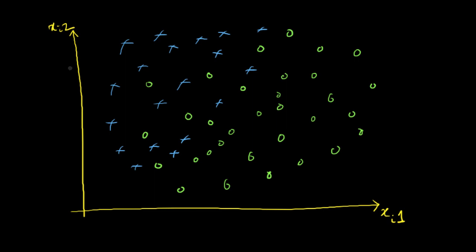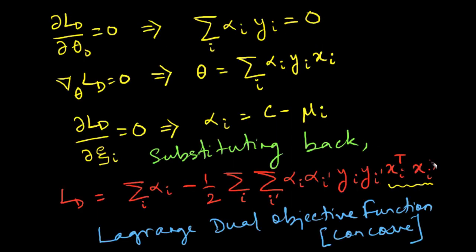In SVM, the good news is that you do not need to know the transformation function, because all that this Lagrange objective function depends on is this inner product of xi with xi prime. If you could define this inner product differently, you would get a different decision boundary which can be nonlinear for certain choices of your inner product function, because this is the usual definition of inner product, but you could define inner product in whichever way you like.